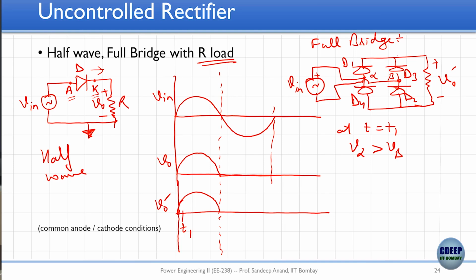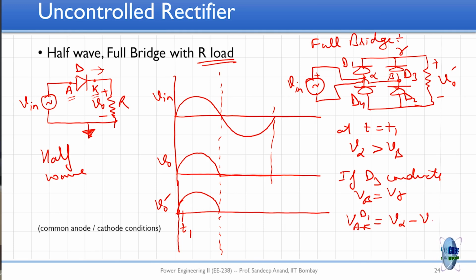So let's assume D3 conducts, right? If D3 conducts, V beta is the same as V gamma, and therefore the potential across anode to cathode for D1, which is nothing but V alpha minus V gamma, is also positive, right?